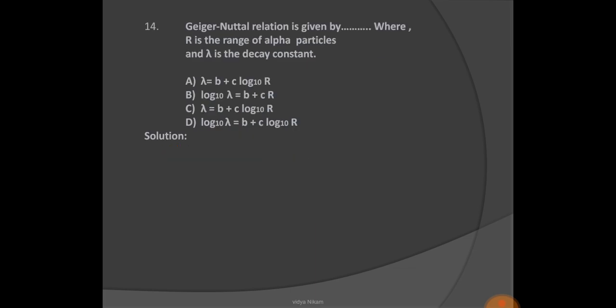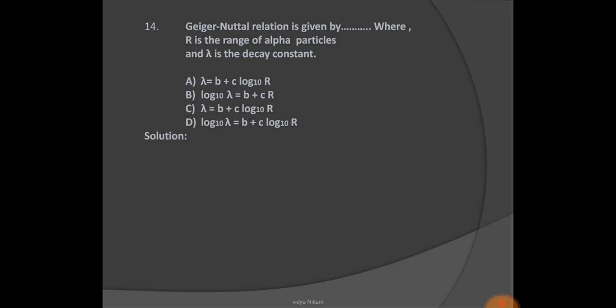Geiger-Nuttall relation is given by dash dash where R is the range of alpha particle and lambda is the decay constant. Option A, lambda is equal to B plus C log to the base 10 of R. Option B, log to the base 10 of lambda is equal to B plus CR.